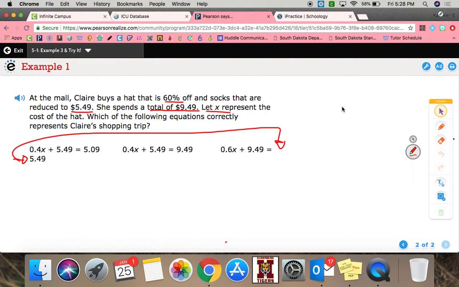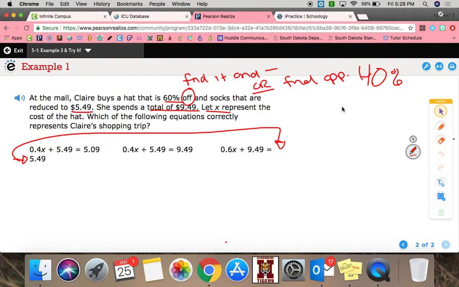So when we think about 60% off, that means find it and subtract, or find the opposite. The opposite of 60 would be 40. 40%. Okay, so we can use that. We know the socks, they're just $5.49, and we know the total.